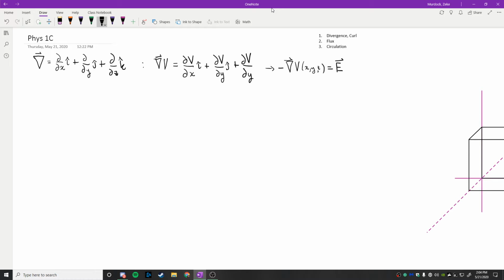And each one of these components, like this one here, is proportional to the x component of the electric field. This is called the gradient because it describes how your function varies with respect to x, y, and z. It's kind of like a three-dimensional derivative that describes slope.